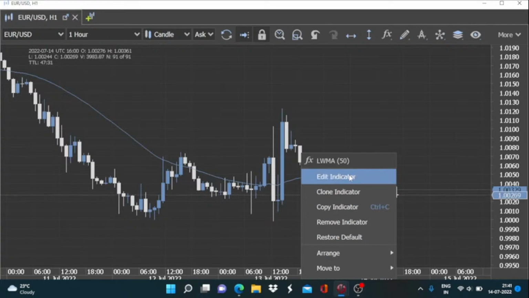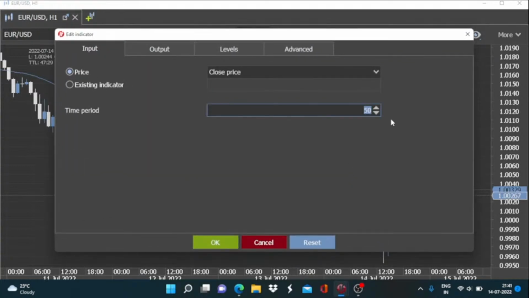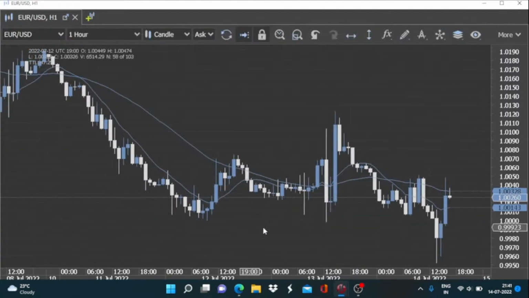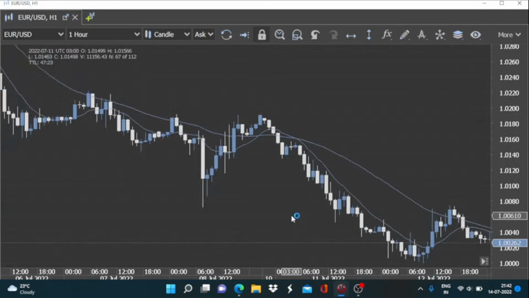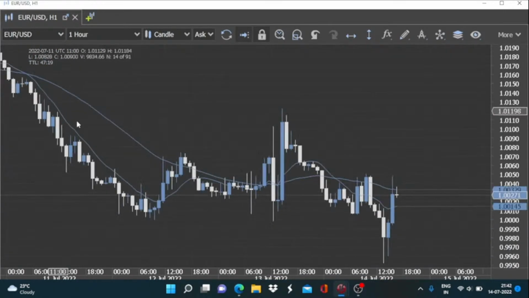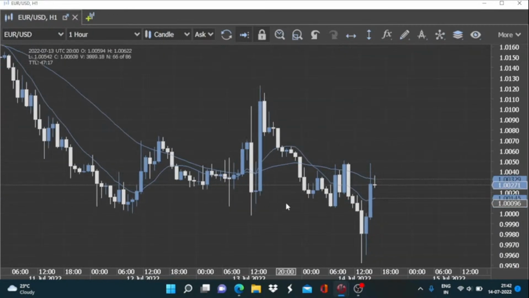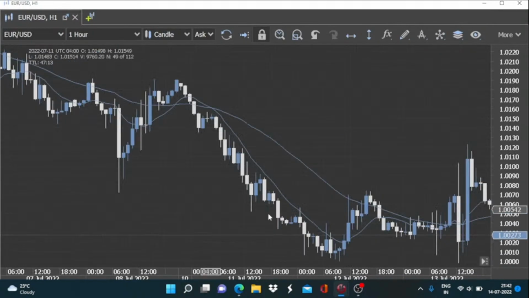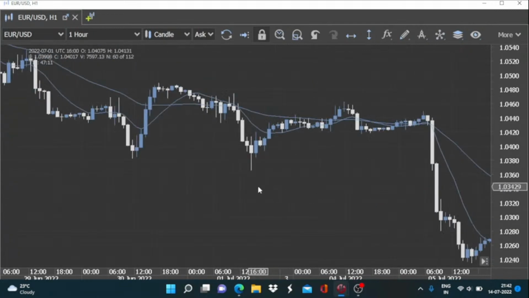So I will edit it and make it 114, right? So we have these changes, we have crossovers happening, and sometimes the price will sustain, sometimes it won't be sustaining. There are a lot of possibilities in any market dynamic, so we do have to keep that in mind.